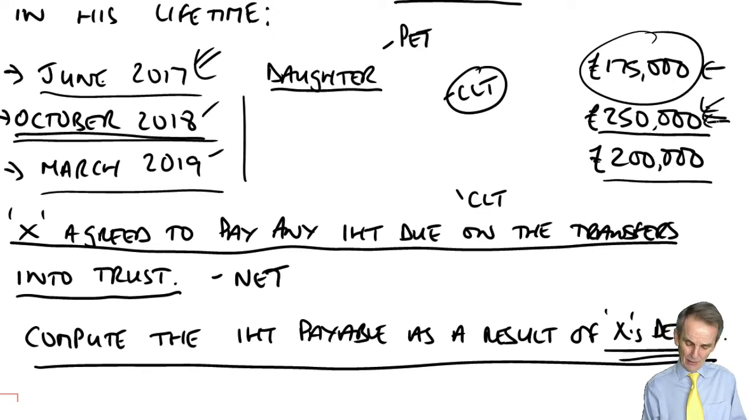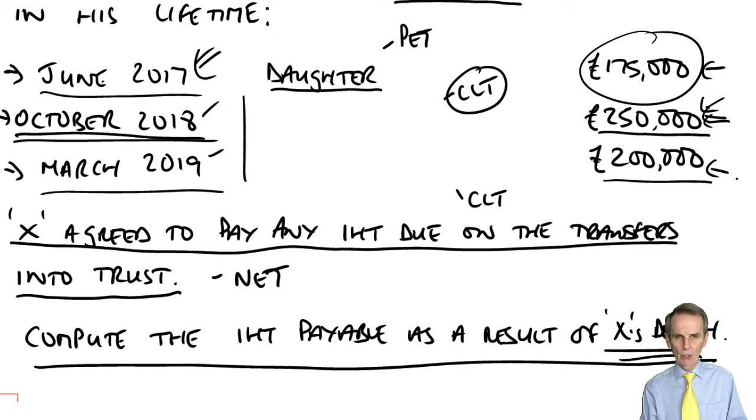So on that 250 being below 325, it's all within the nil rate band. So there's no question of who pays the tax. There isn't any tax to pay. So the gross amount of transfer is 250. But then we come in with the next transfer of £200,000 there. And that £200,000, of course, added on.